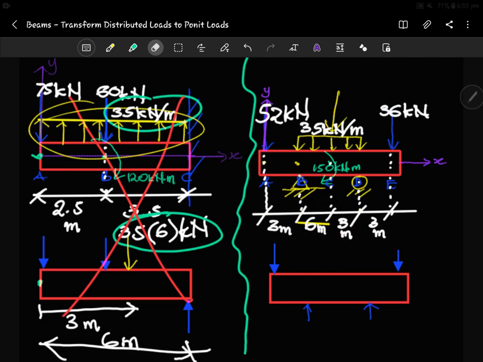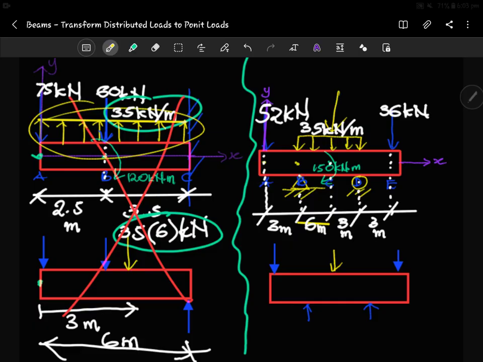So this is how it will be. We know the position will be up somewhere here. The position is somewhere here, right? And then the magnitude is actually 35, right?